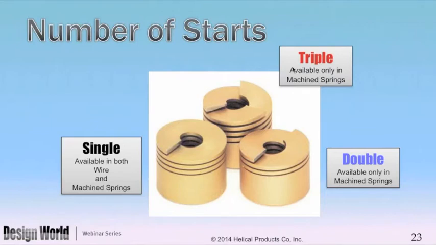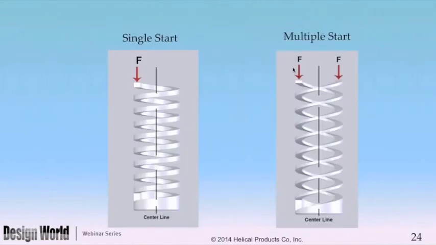So if we go to the next slide, we'll see what the benefits are with this multiple start. On the left, there's a single started spring, which is all wire form. And you can see you're putting a force out on the spring section, but the line of action is through the center line.